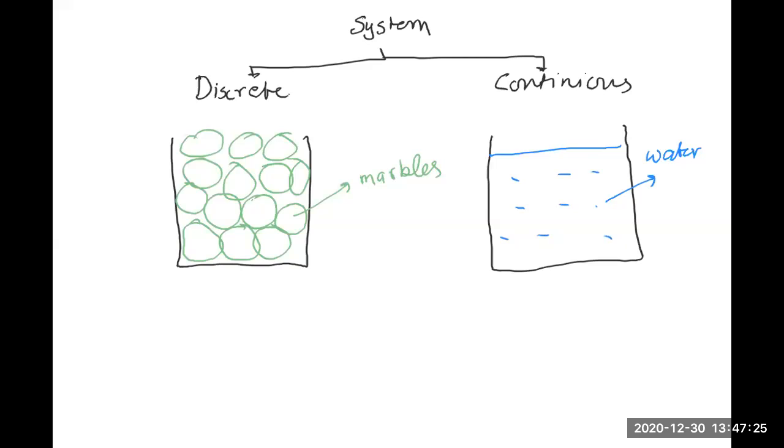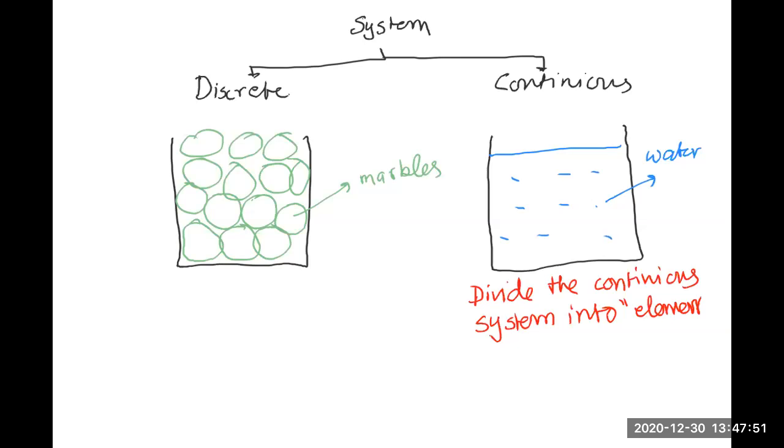So to deal with discrete systems, we have already seen. To deal with continuous systems, what you are going to do is divide the continuous system into what I am going to call elements. Okay?